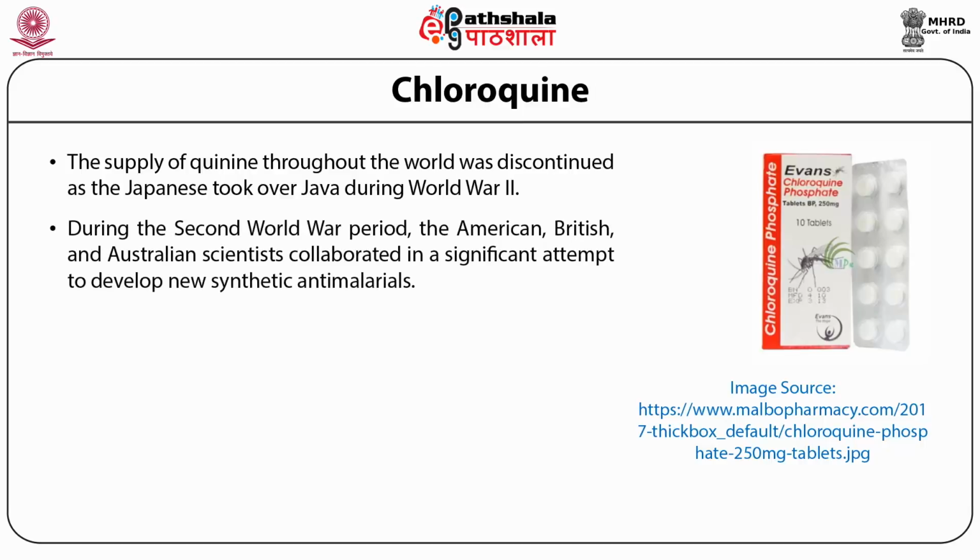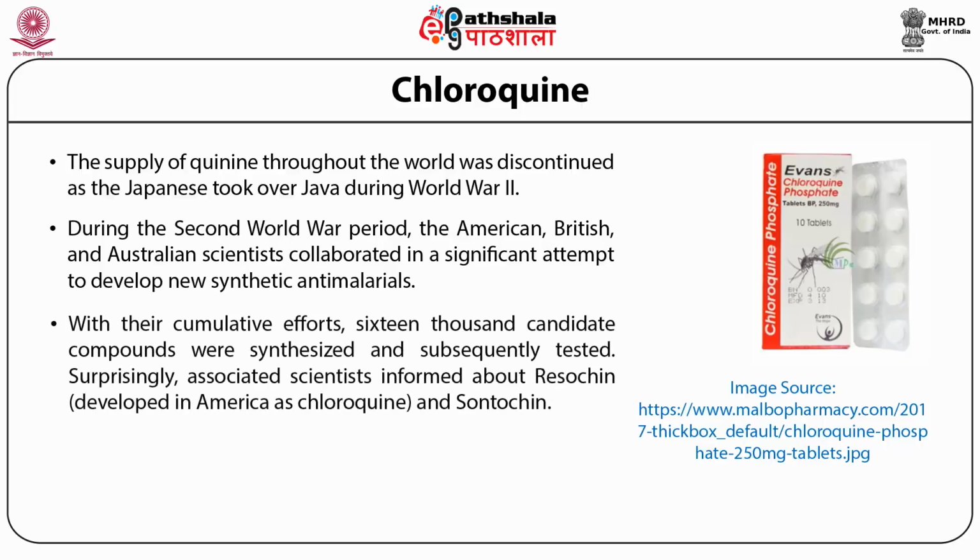During the Second World War period, American, British, and Australian scientists collaborated in a significant attempt to develop new synthetic antimalarials. With their cumulative effort, about 16,000 candidate compounds were synthesized and subsequently tested.